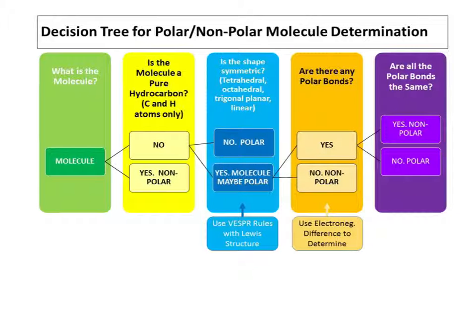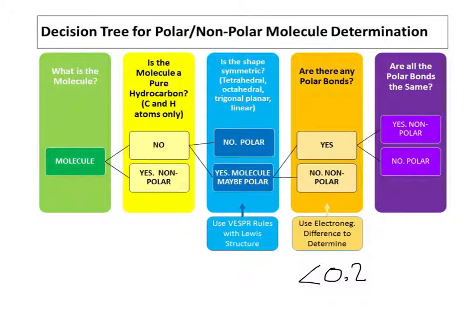There may be a few exceptions where it's no, so that's why I've included it here. To determine whether or not a bond is polar, you use the electronegativity difference between the two atoms involved in the bond.